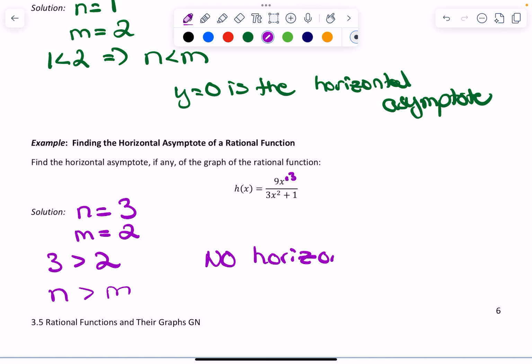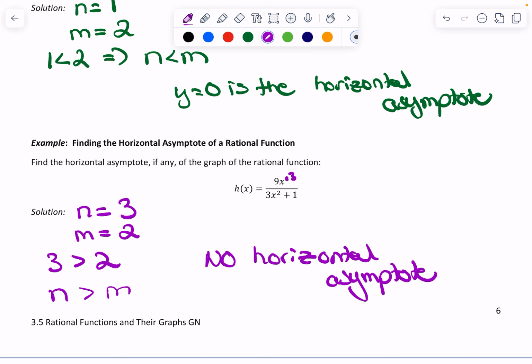It has a slant asymptote, but we're not going to go into that. If again the degree of the numerator is greater than the degree of the denominator, we're just saying that there is no horizontal asymptote.